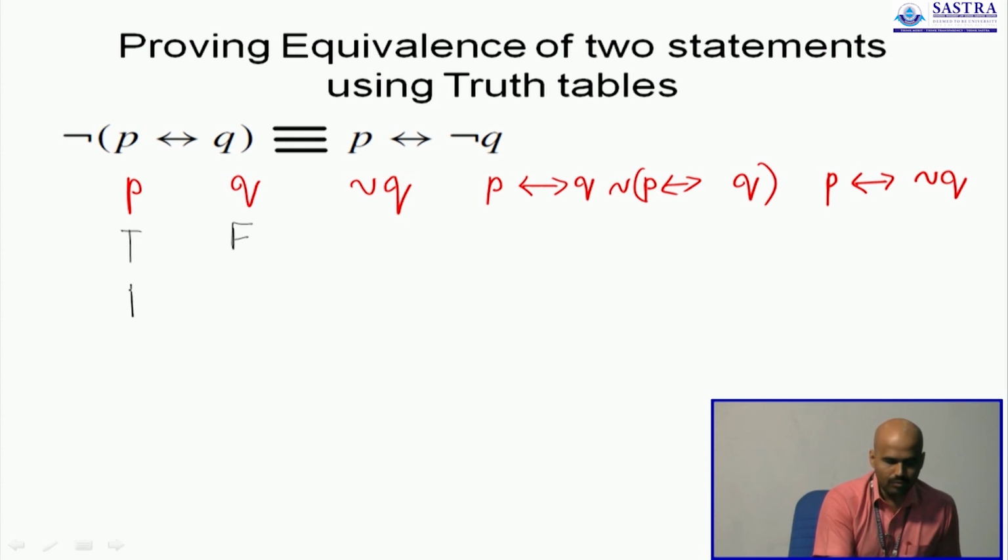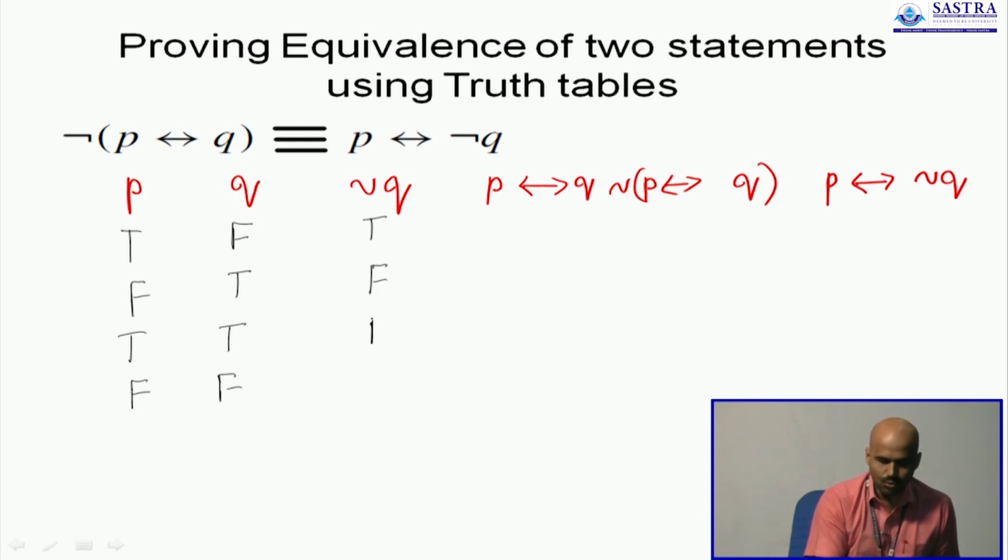So we'll write down the four possible input sequences. We'll negate whatever we find in Q. And let's go to column 4.